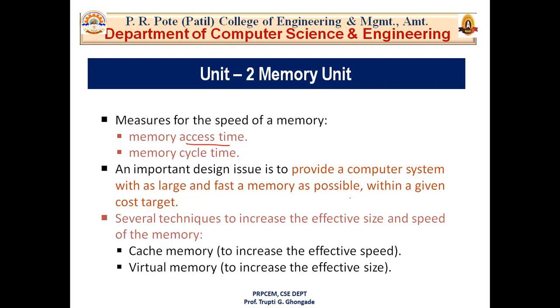One way to reduce the memory access time, that means the time required to access data from a memory location, is to use a cache memory. As I told you, cache memory always acts as an intermediary between your processor and your memory unit, and it holds the frequently used data. So if you are frequently reading this data 33 from a memory location, then a copy of that 33 will be placed into your cache memory.